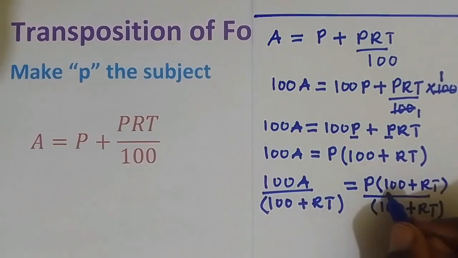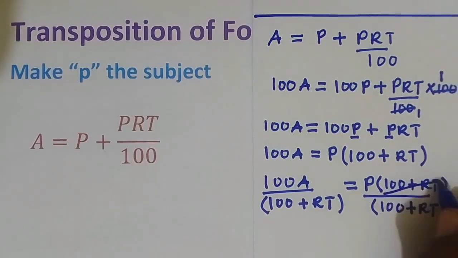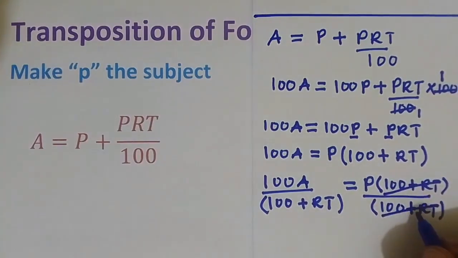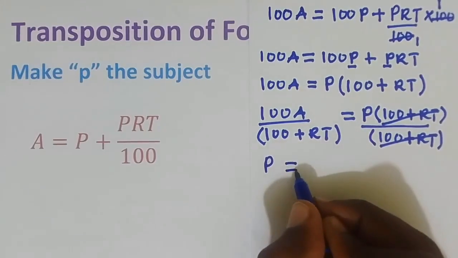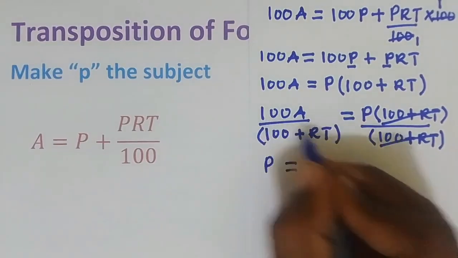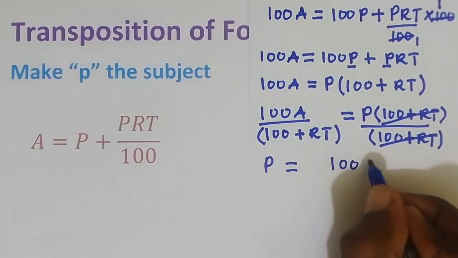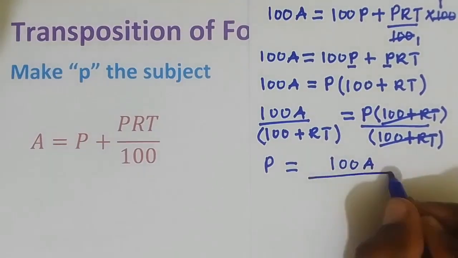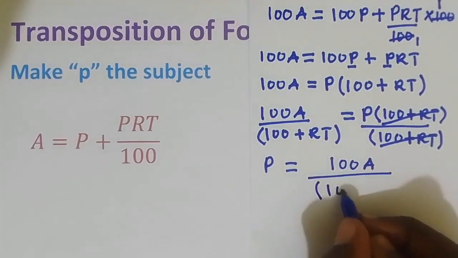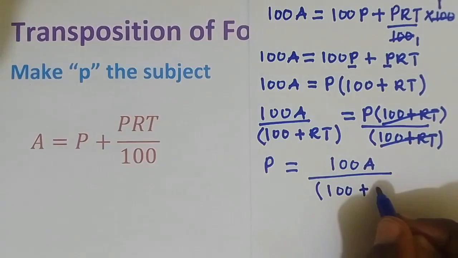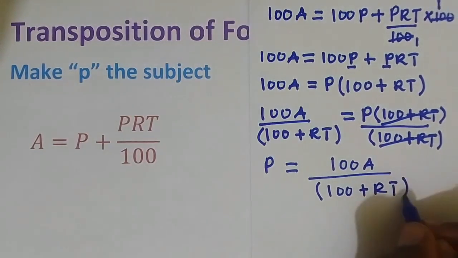I can simplify 100 plus RT on the numerator and the denominator. This is equal to 100A over 100 plus RT.